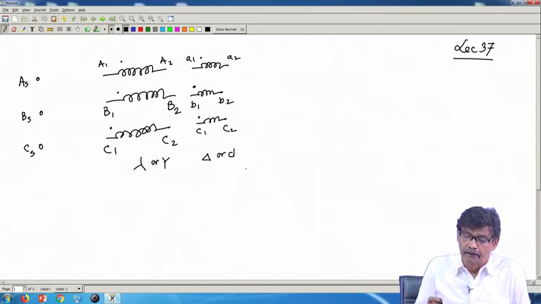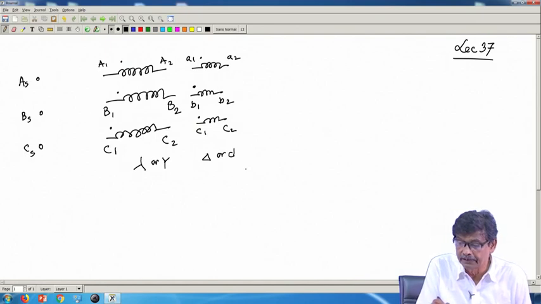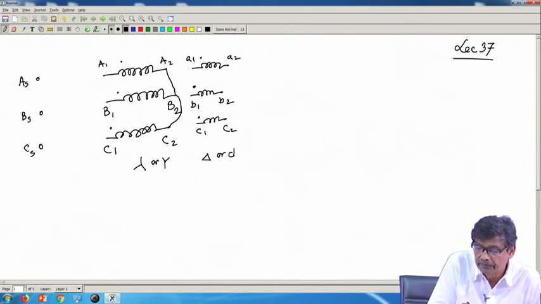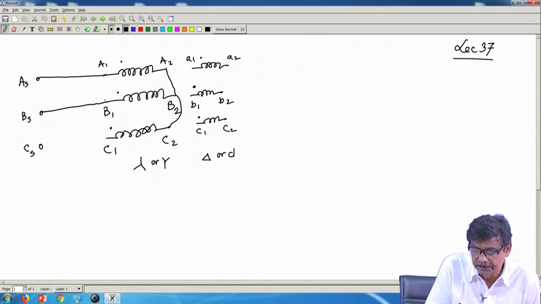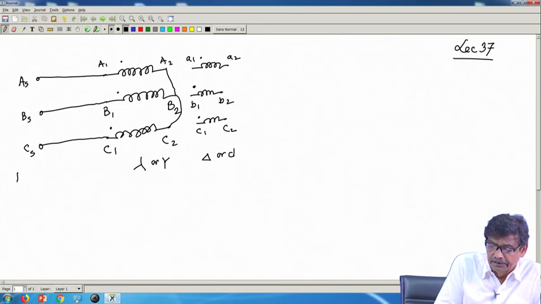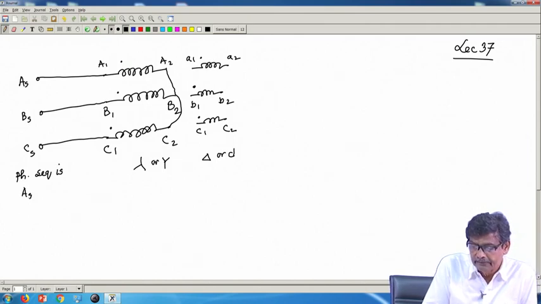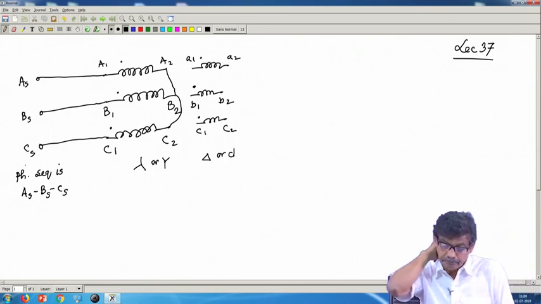So, what I do is this, I make a valid star connection with A2, B2, C2 shorted, and I will connect A1 with AS, B1 with BS, and C1 with CS. And suppose the phase sequence of supply is AS, BS, CS, ABC. A stands for supply.